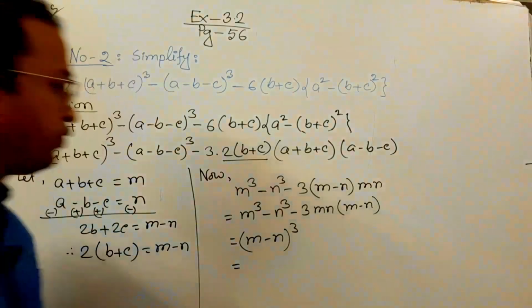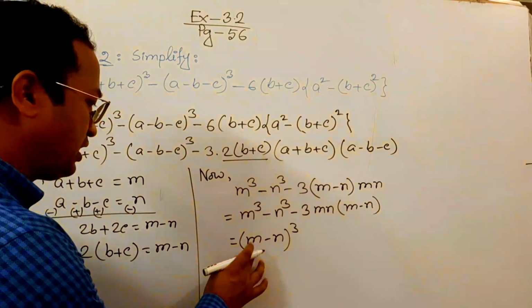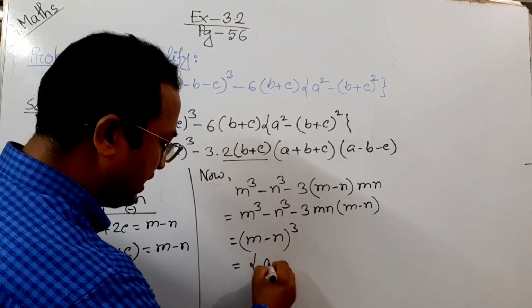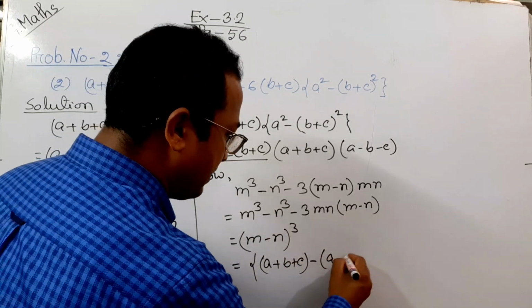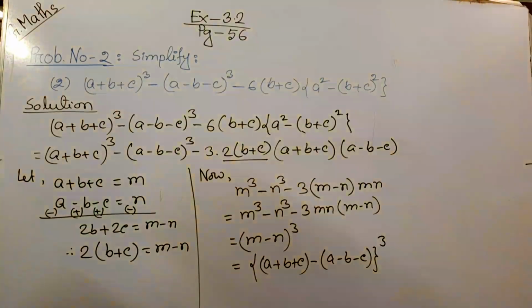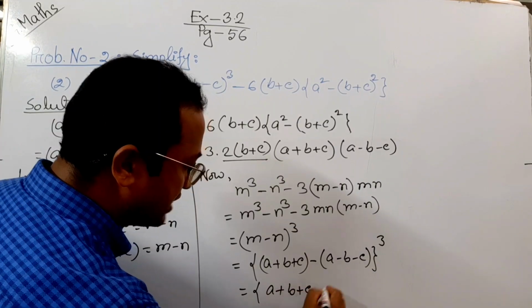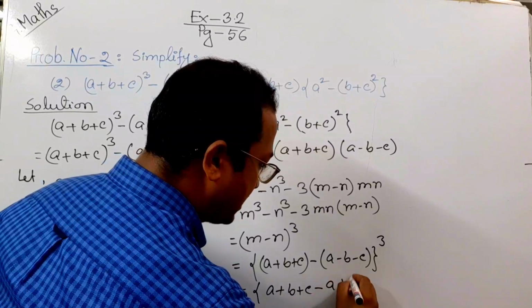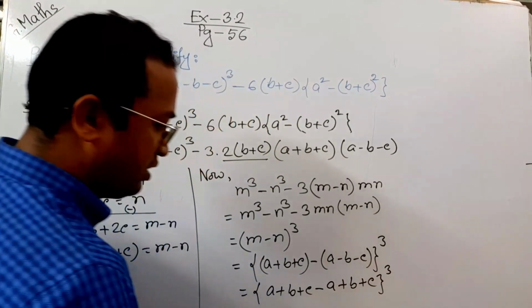Now again we will put the values of m and n in this expression. So actually it will be (a plus b plus c minus (a minus b minus c)) whole cube. So remove the first bracket, it becomes a plus b plus c and minus a plus b plus c, whole cube.